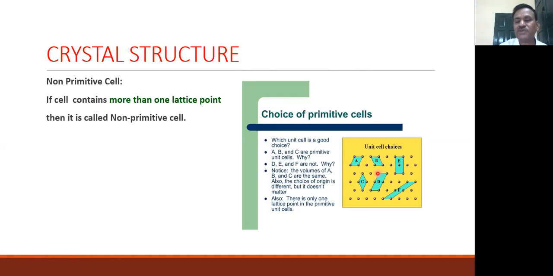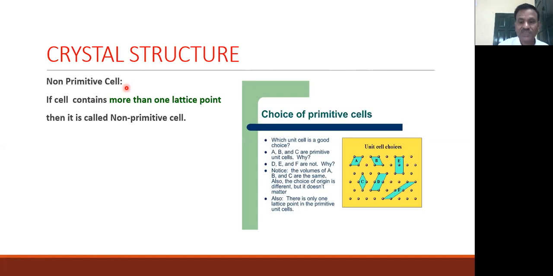Come to D. Here one lattice point, second, third, fourth, and apart from that, it is not a corner. This is D, E, F. You see this structure, 1, 2, 3, 4. Apart from that, one atom is here and another atom is here. These are called non-primitive cells. Totally, I would say that.